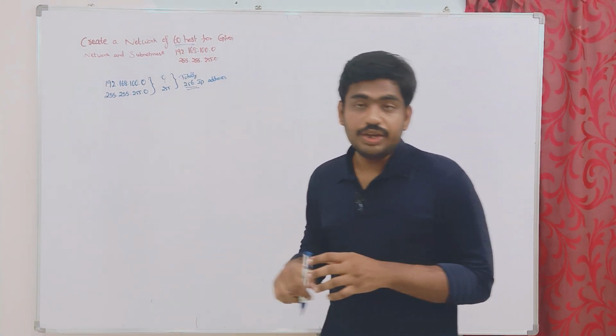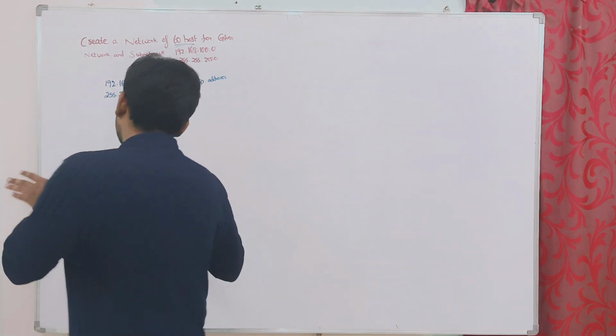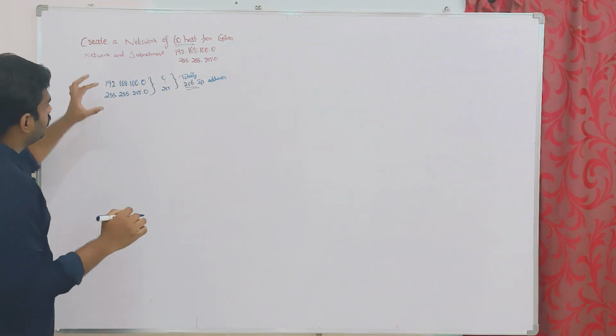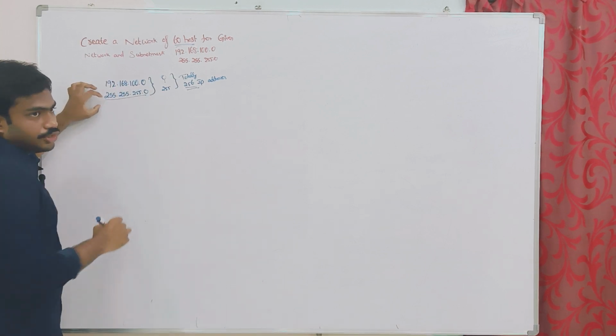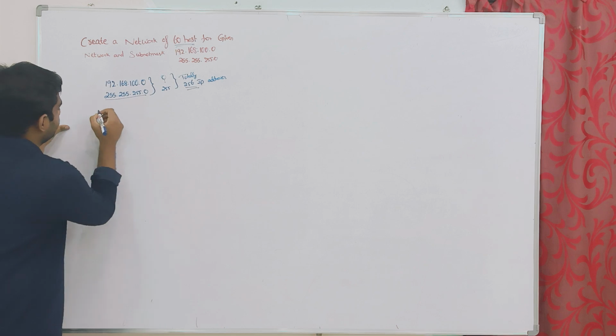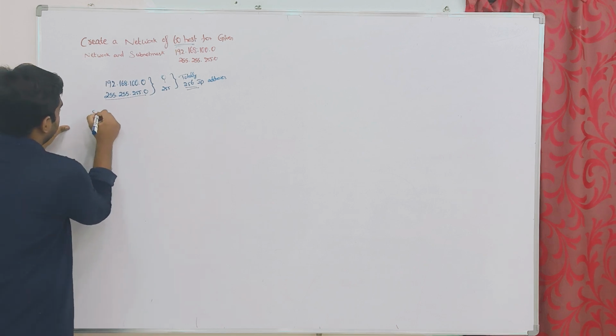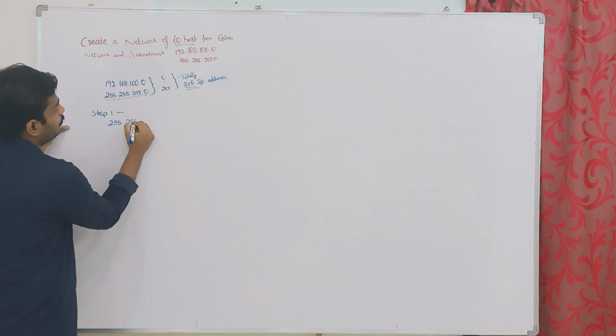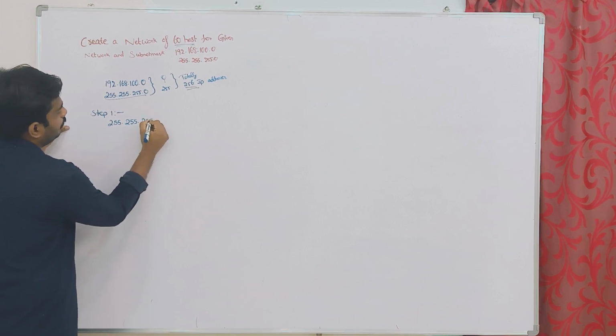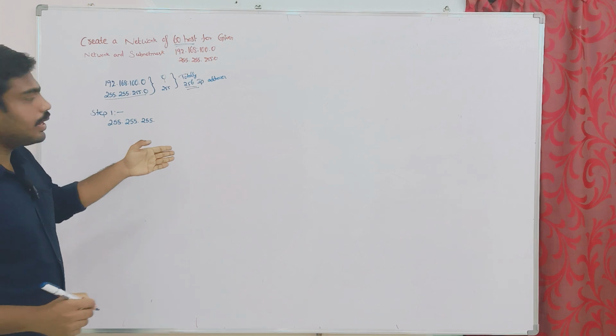Step 1. Before that, we will convert this subnet mask into binary. I will take 255.255.255 and convert them into binary.